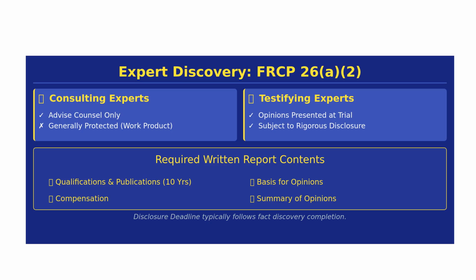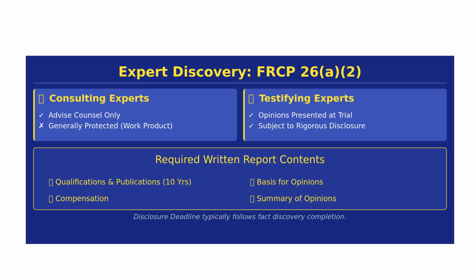For testifying experts, the disclosure requirements are rigorous. The party must provide a detailed written report prepared and signed by the expert. This report must include the expert's full qualifications, a list of all publications authored in the past 10 years, their compensation for the study and testimony in the case, and crucially, a comprehensive summary of the facts or data considered, and the specific opinions to be offered, along with the reasoning and basis supporting those opinions.